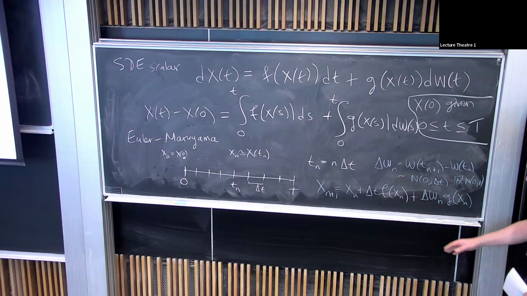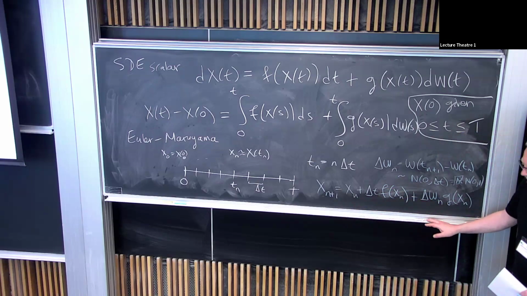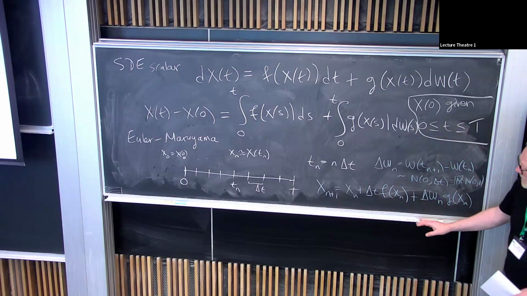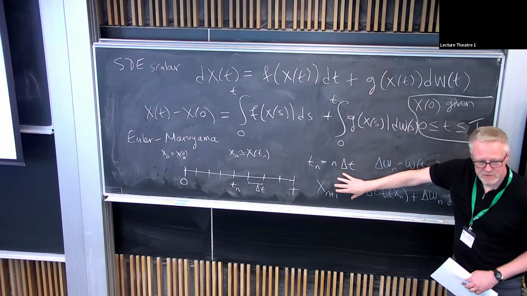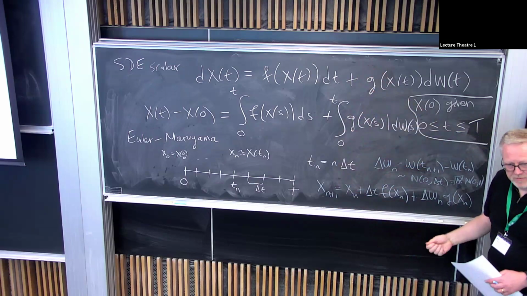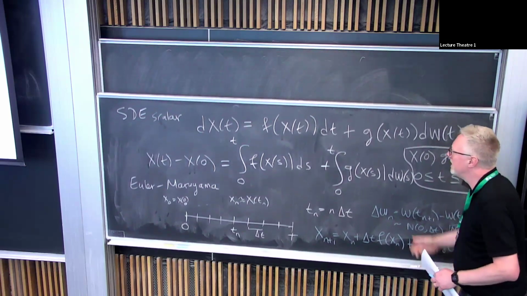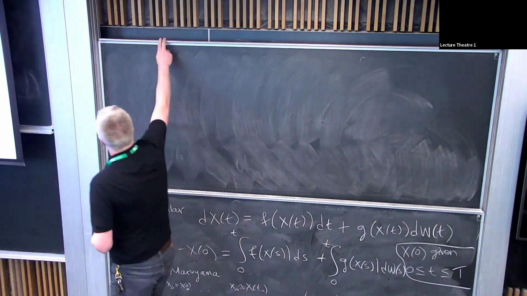We write this down often to mean the sample path that we've computed, but this is really the relationship between random variables. If you want to compare the exact solution with the numerical solution, at any point, you're comparing two random variables. So let's think about that. How do we compare them?